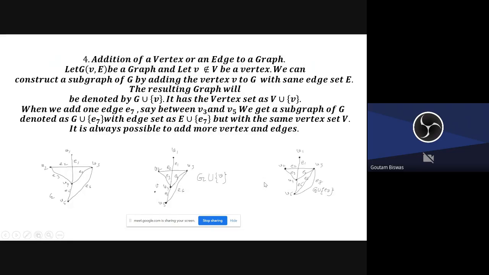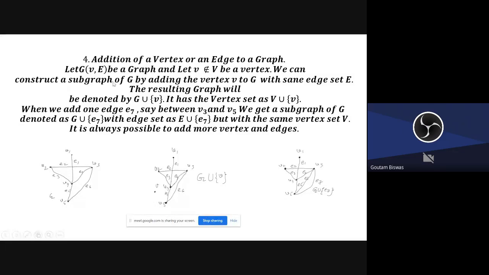Okay, addition of a vertex or an edge to a graph. Let this be the graph, and let V not belong to V. That is, V is an outsider vertex.